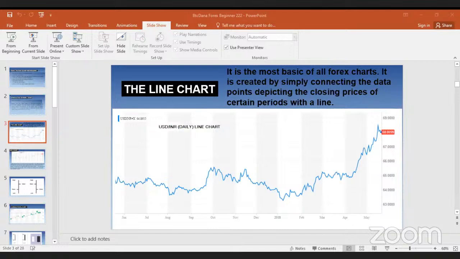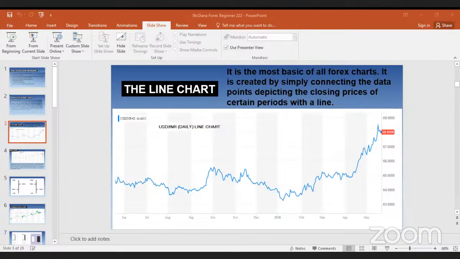So as a new trader, as a beginner, what you want to focus on is the candlestick chart pattern, because on it you are going to see every candle. Each candle gives you information, a specific detail it's passing to you.